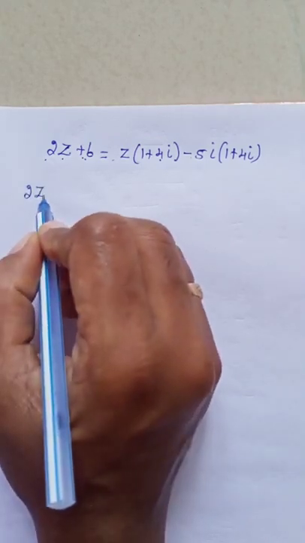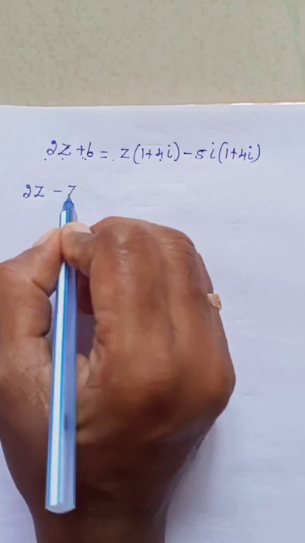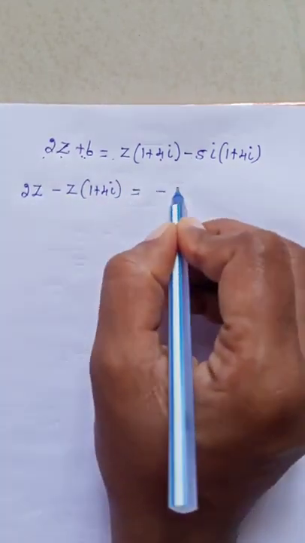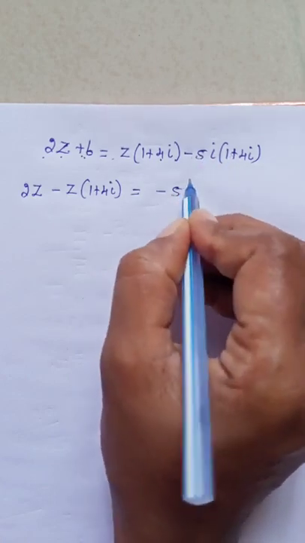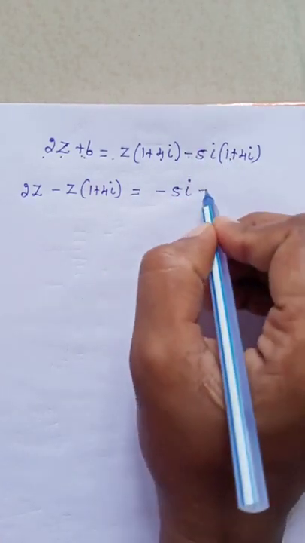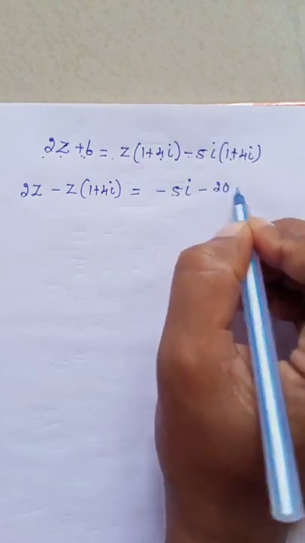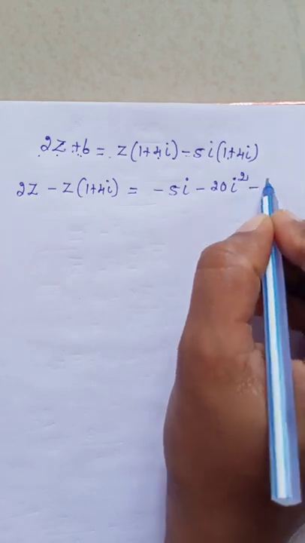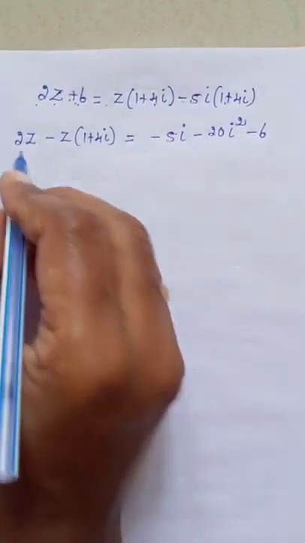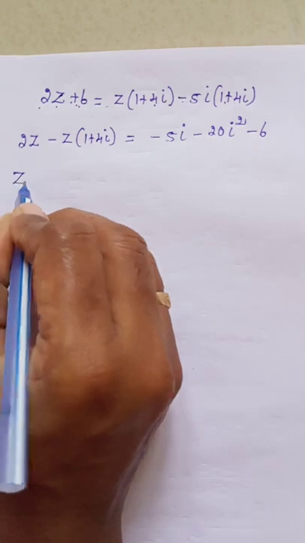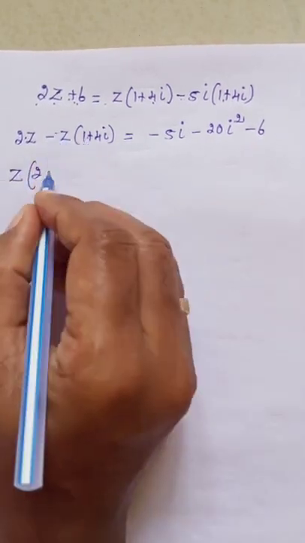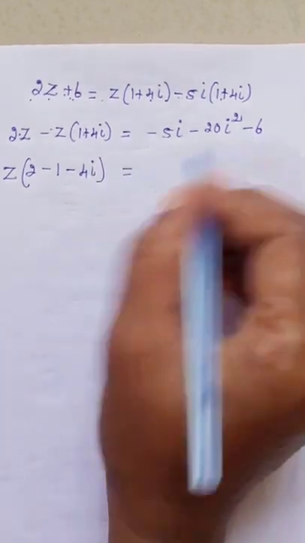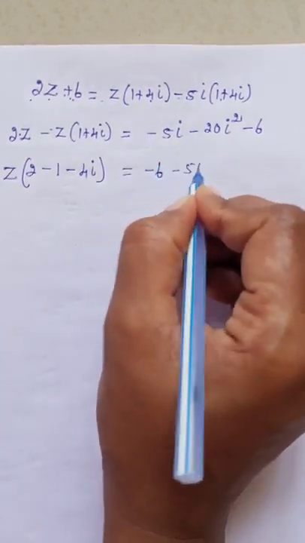So 2z minus z into (1 plus 4i) is equal to minus 5i into 1 is minus 5i, minus into plus minus 5 into 4 is 20, i into i is i square, and this plus 6 when it comes to the next side becomes minus 6. Now take the z outside. z into (2 minus 1 minus 4i) is equal to minus 6 minus 5i.